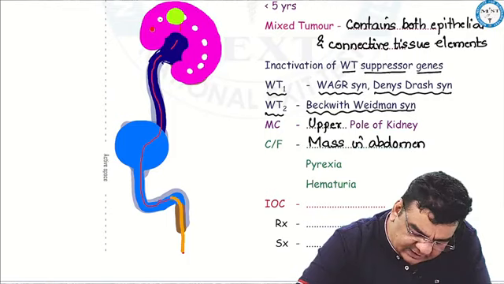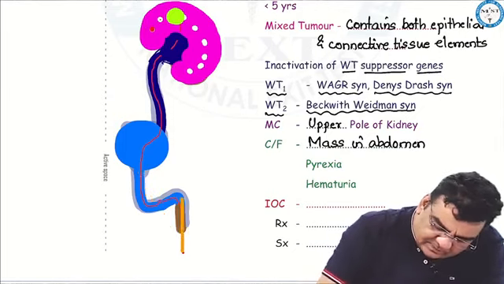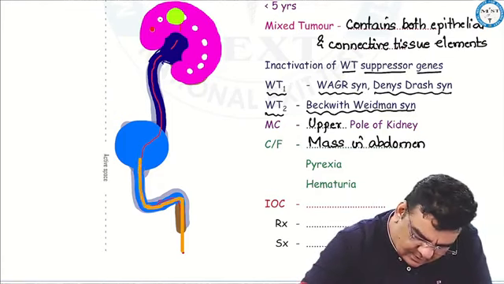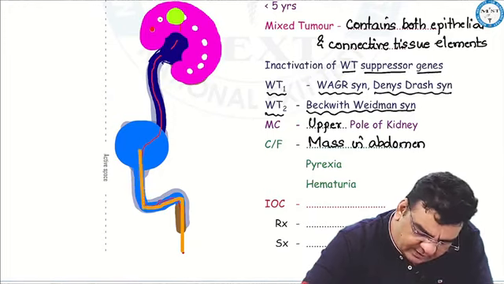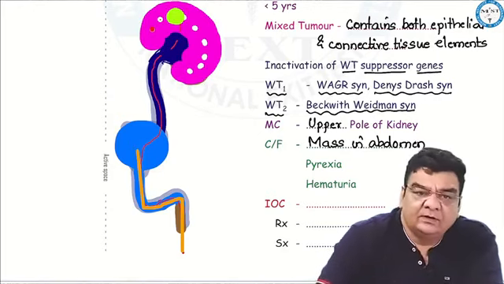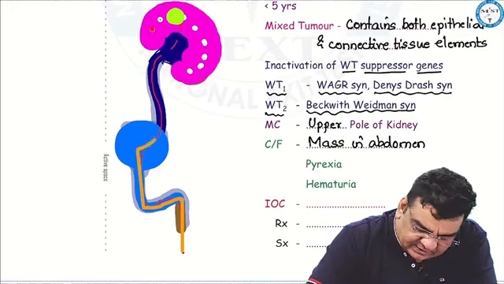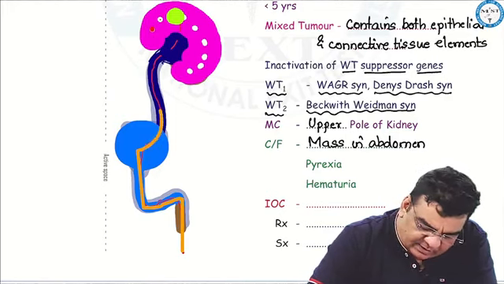So if there is a cancer in the urethra, then urethroscopy and biopsy. If there is a cancer inside the bladder, then cystoscopy and biopsy. If there is a cancer in the ureter, then ureteroscopy and biopsy.